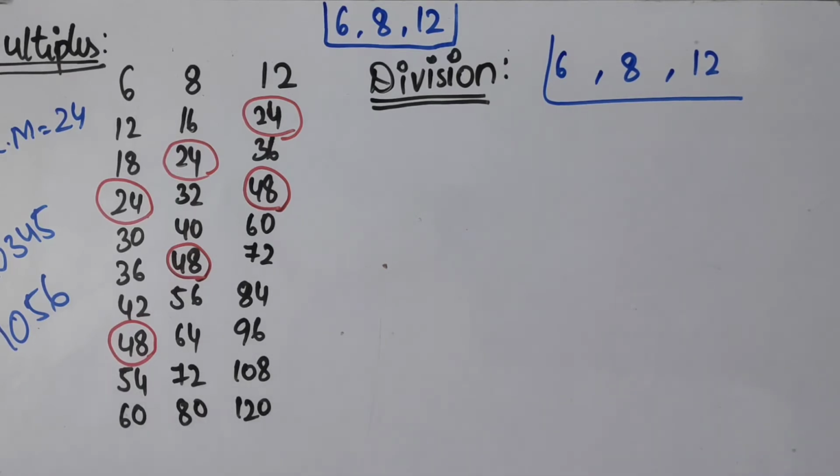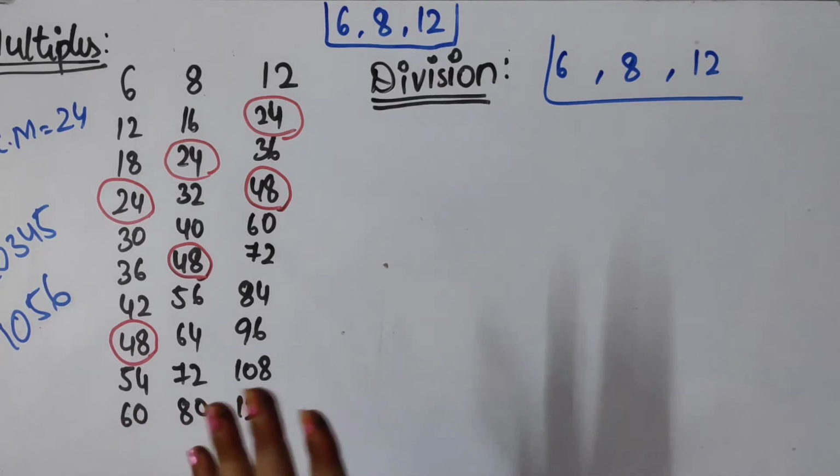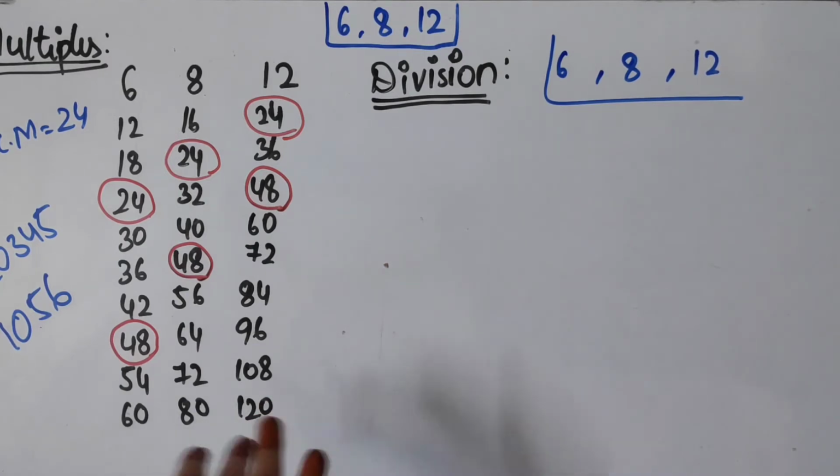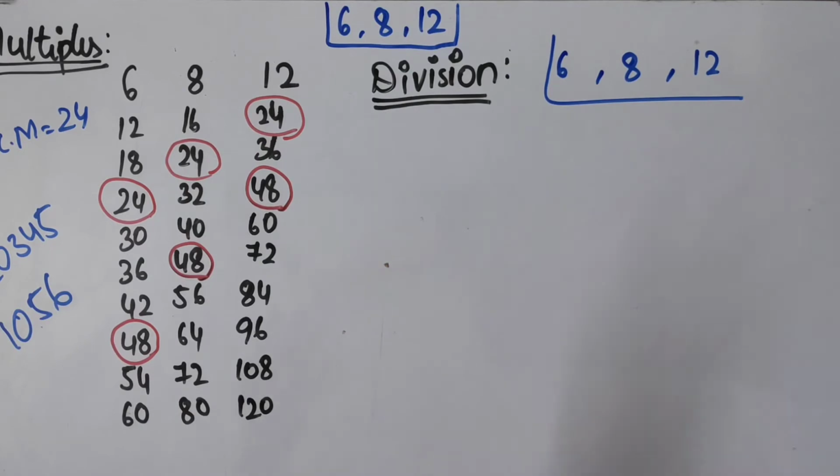Now let's start with 0. When 0 is divided by any number, it gives the answer 0 or undefined. So that's the reason we cannot take 0. And as far as 1 is concerned, it is neither prime nor composite, and when divided by 1, the answer is always the number itself. So that's the reason we cannot take 1.